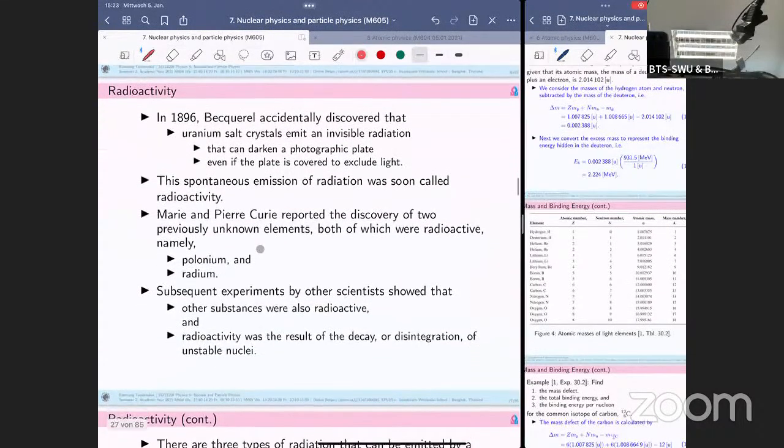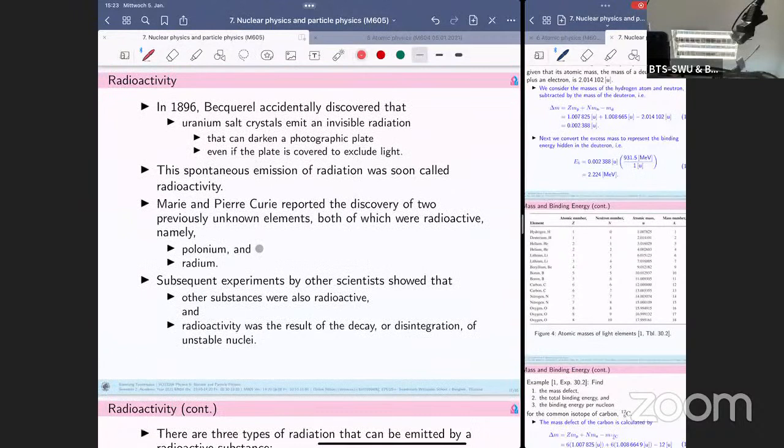Okay, now we arrive at the story about radioactivity.